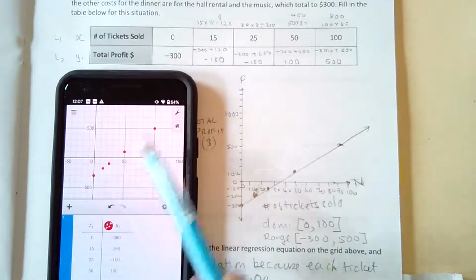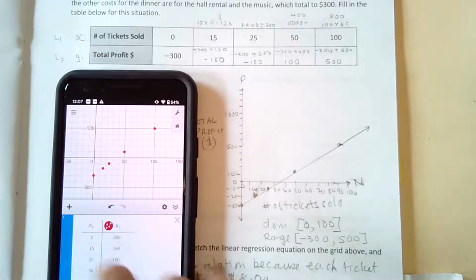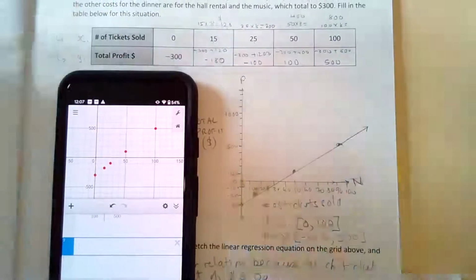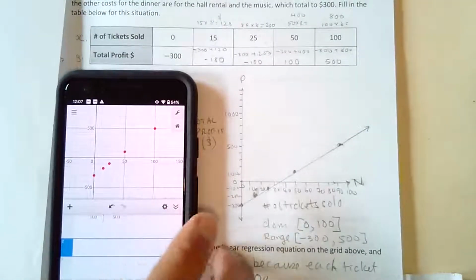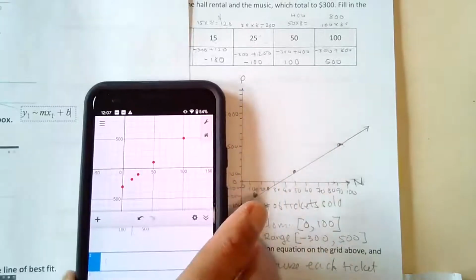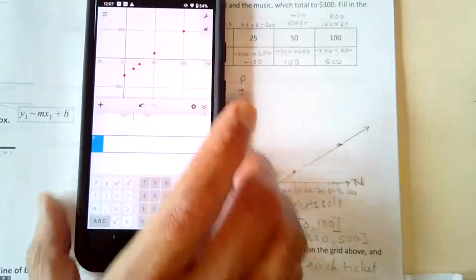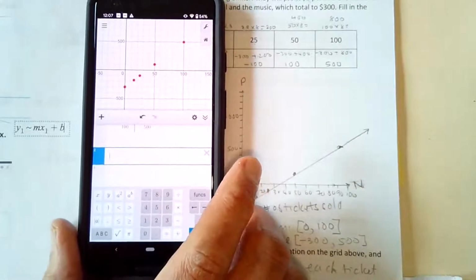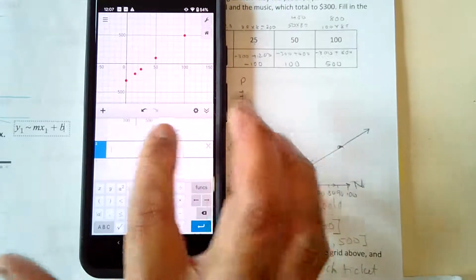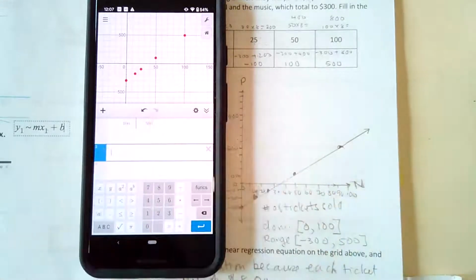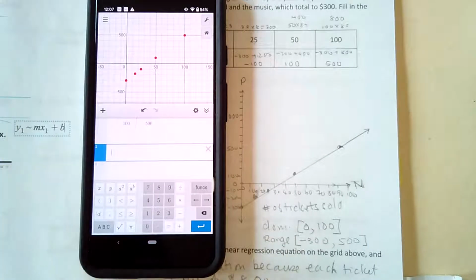So notice, very similar to what we have here. Negative 300, and now we need to enter our equation. We need to get our equation in, which is this wonderful equation here. I'm putting that into line 2. Okay, y1.